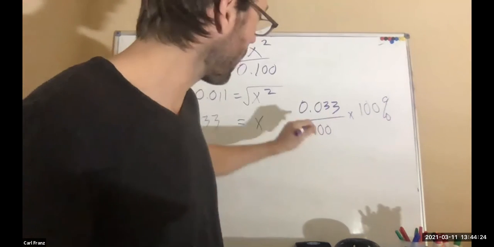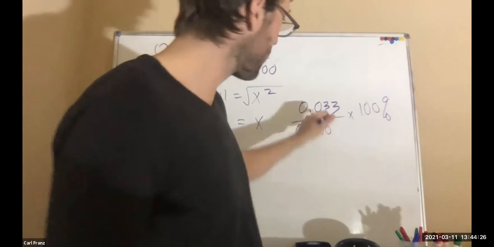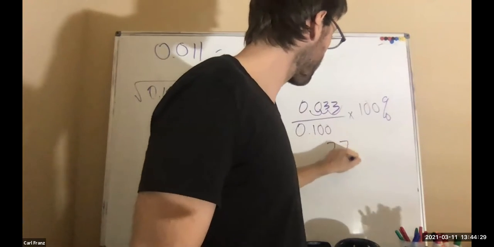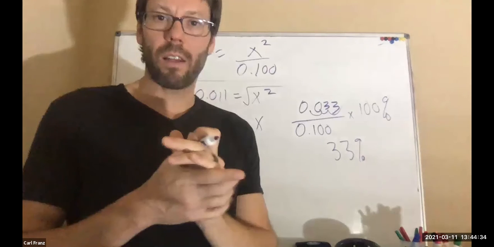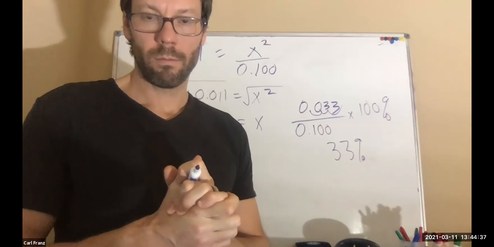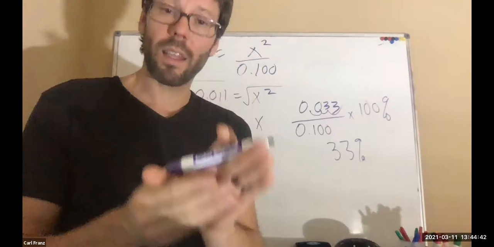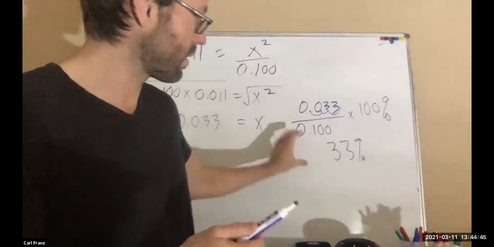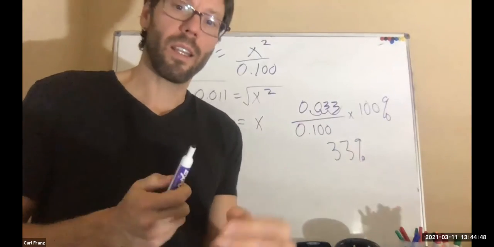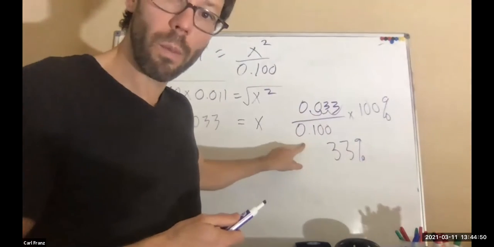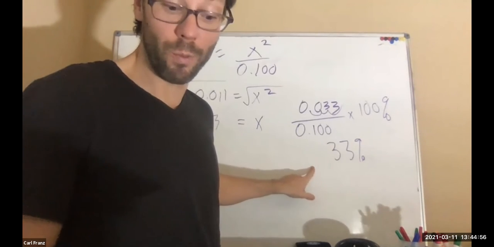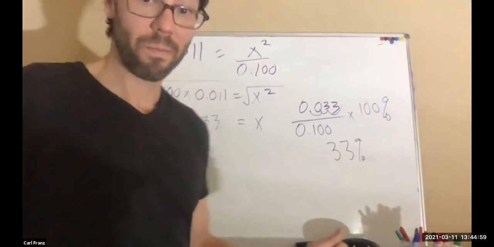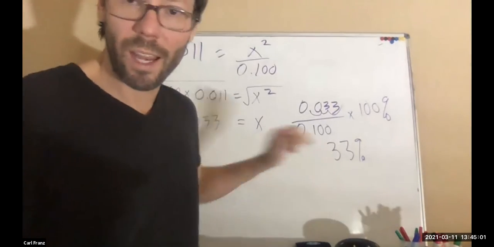Should be 33%, right? Is that a valid assumption? It's above 5, so no. Anything above 5% is the cutoff. If it's more than 5% of that number, it will change that number significantly, so you shouldn't just assume that it doesn't matter, okay? So that means we can't do the small x assumption.